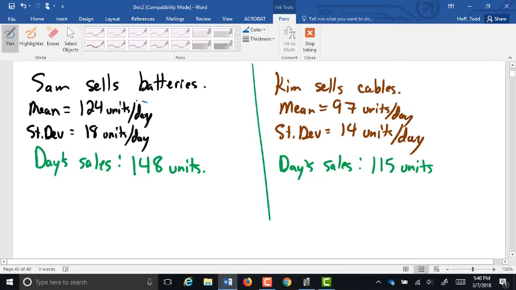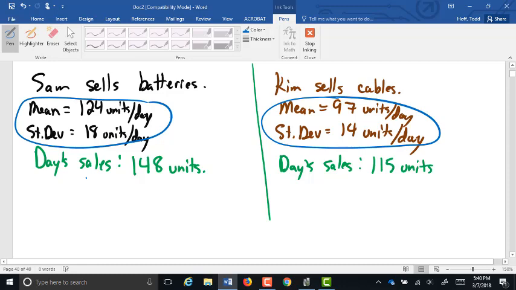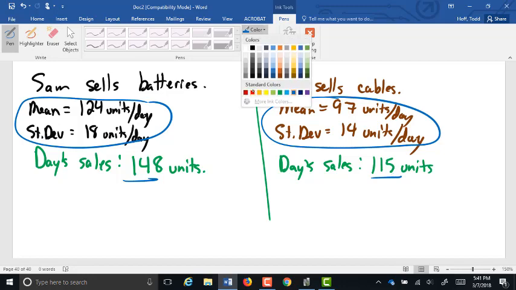Well, again, because they come from different populations, we can't just compare the raw numbers. 148 is definitely bigger than 115. But battery sales and cable sales are a little inherently different. So what we do is we compare them back to their own population using those Z-scores.